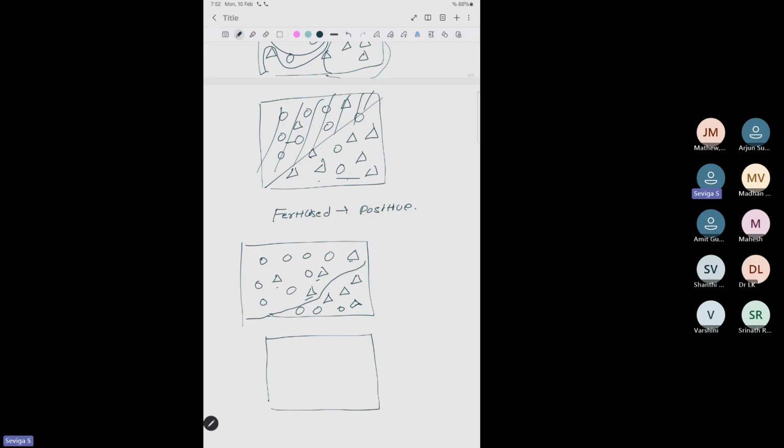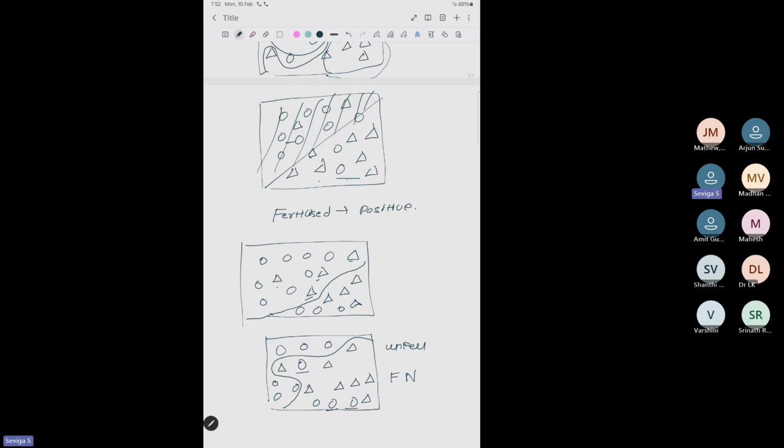Now suppose our interest is to get unfertilized eggs. Then we will try to get a boundary like this, even though we get some false negatives, which are circles inside this region.